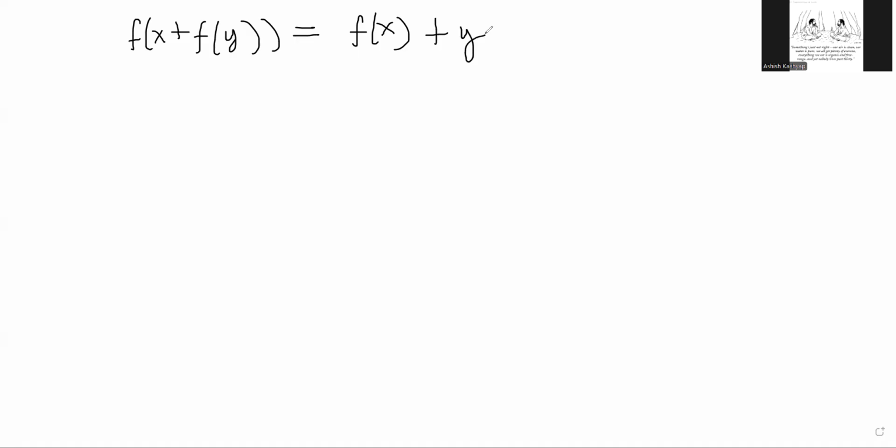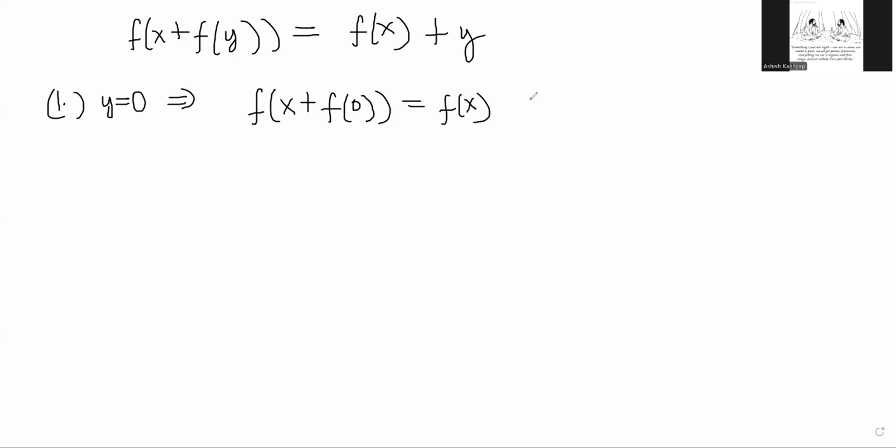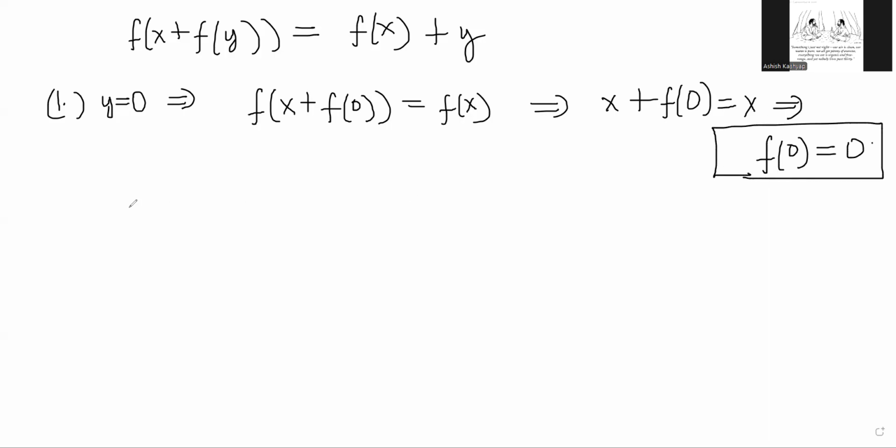In this, we will put first y is equal to 0. So let's see what comes. f of x plus f of 0 is equal to f of x, right? So because it is an injective function, we can say x plus f of 0 should be equal to x, which implies f of 0 is equal to 0. So this is the first conclusion we know because it is injective.